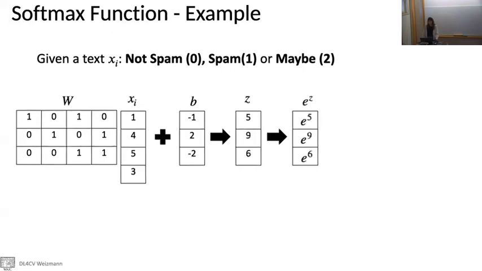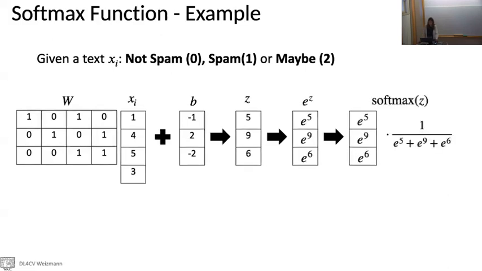The first thing we want to do is apply an exponent to these values. The softmax function is basically applying an exponent to each one of the values, and then normalizing according to all of the entries. This will give us a result where each entry lies between 0 and 1, and it also sums to 1 if we sum all these probabilities. This is the y hat that we have.